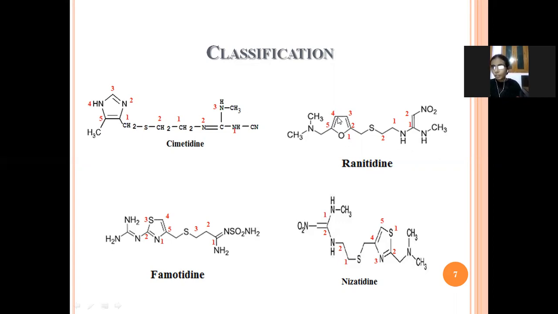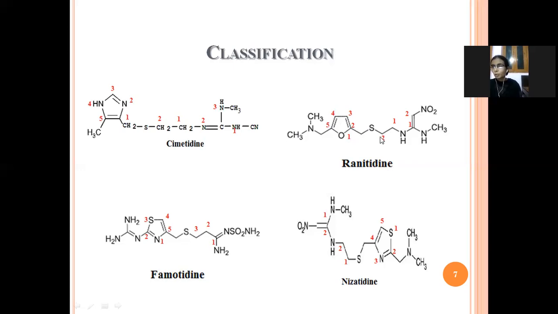This is the furan, a 5-membered structure with an oxygen atom. Here in the fifth position is the dimethylamino, with 2 methyl groups on the amine, and here a methyl. In the second position a methyl, and this is a sulfur group.